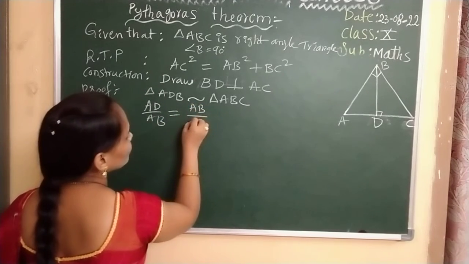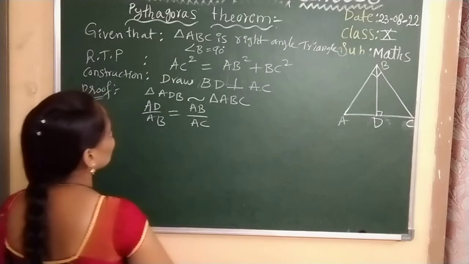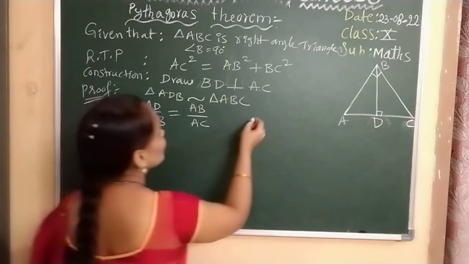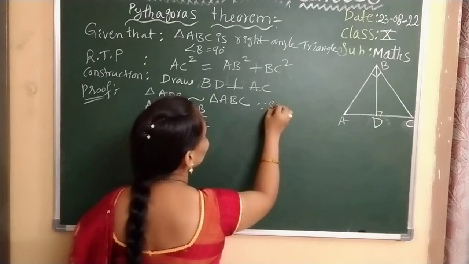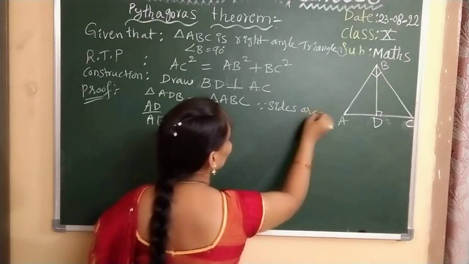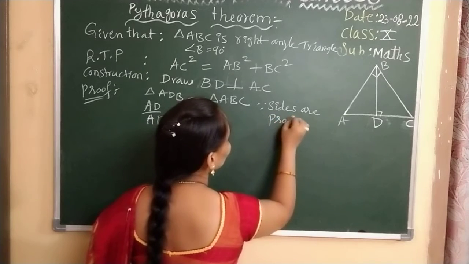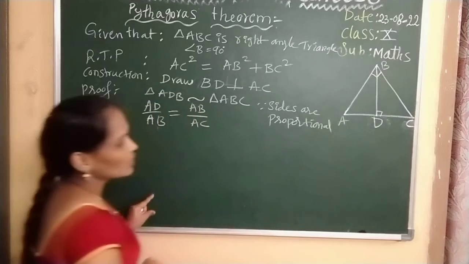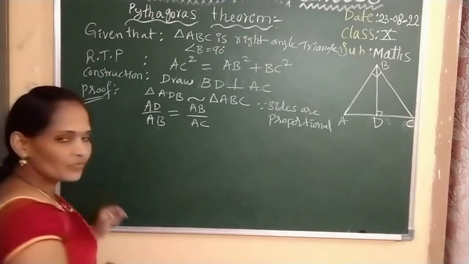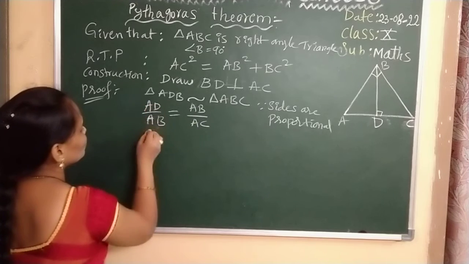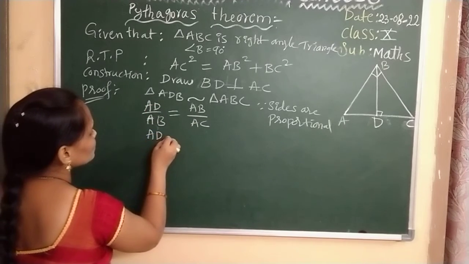Why are we writing this step? Because in similar triangles, sides are proportional. After this step, do cross multiplication.